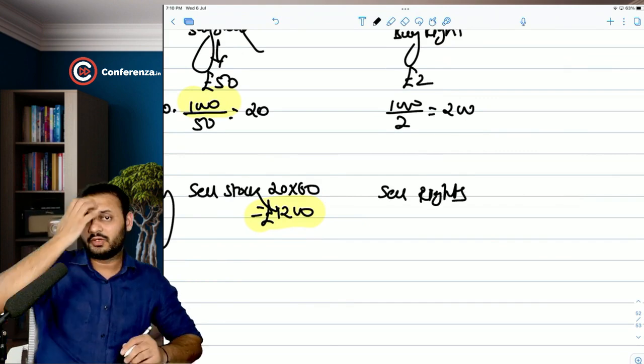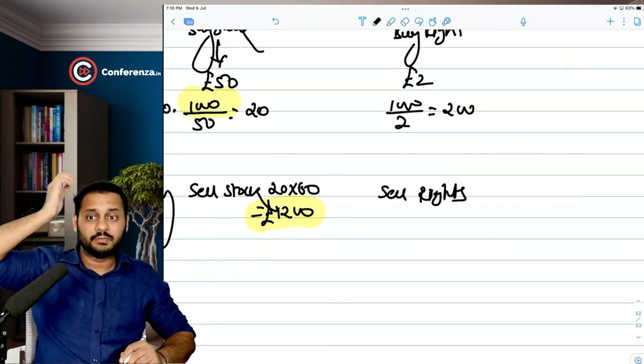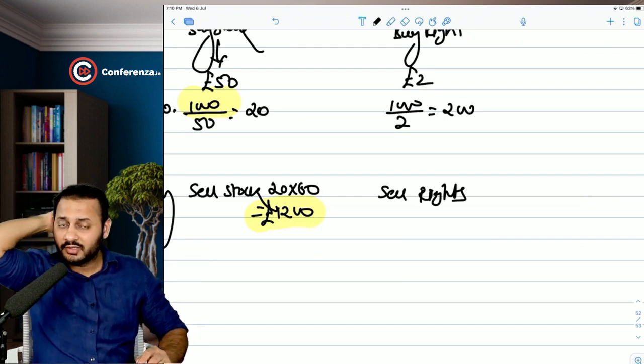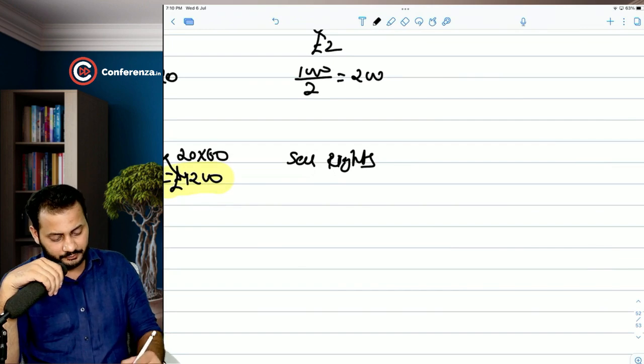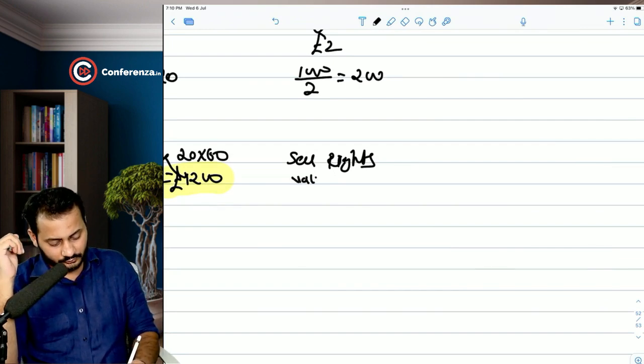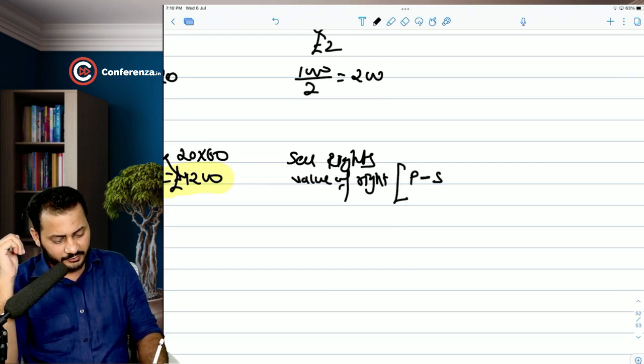At that time, we will have to calculate the price of the right. How to calculate the rights value? The value of the right at that time will be, using the same formula, price minus subscription.